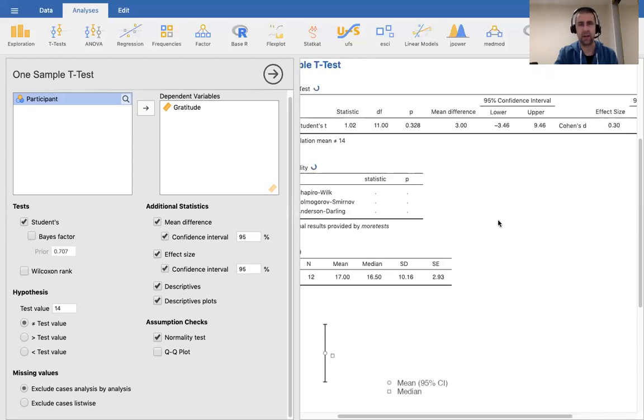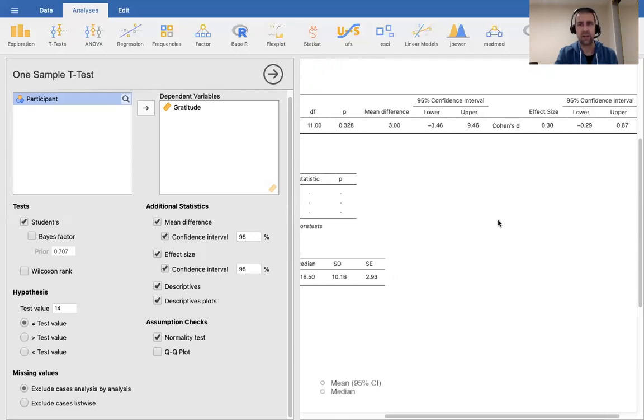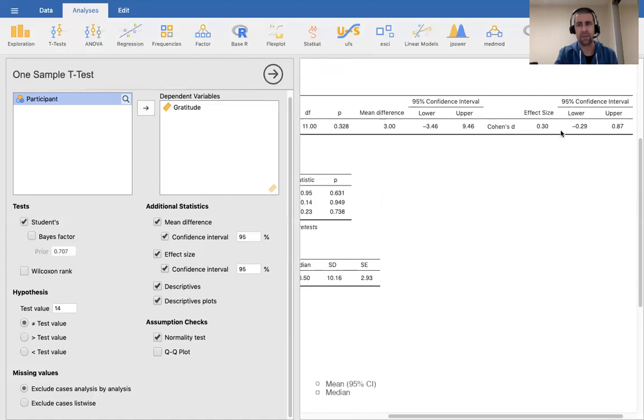As a matter of fact, even though we don't report it in this class because it's really a pain to do by hand, you can actually see that there's a confidence interval around the D effect size, right? And of course, just like you would expect, the D effect size could be negative, zero, or positive, because the directionality of the data works the same way. So I'm 95% certain that if I collected all the data in the population, had everyone go through the intervention, these two negative numbers say that people in the post-intervention group would actually be less grateful.